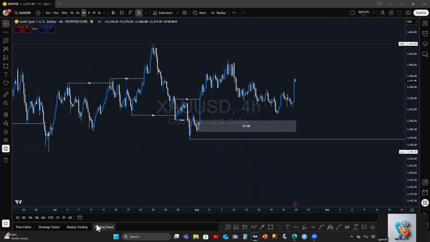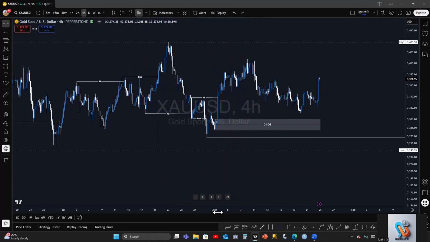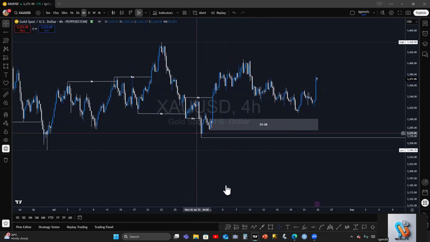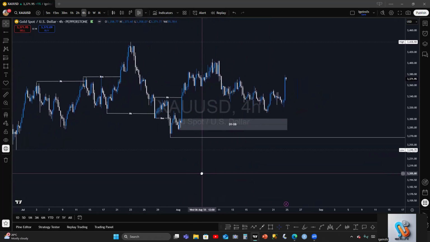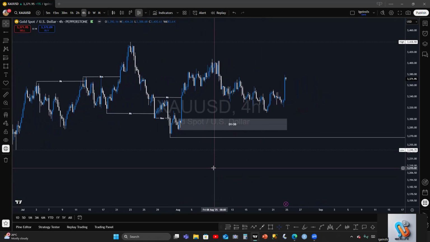So if you are on a 15 minutes, 5 minutes, you cannot compare all those support and resistance levels with 4 hours, daily time frame, and even 1 hour or 2 hours. That is what I meant by the higher you go, the more powerful the resistance and support levels are.